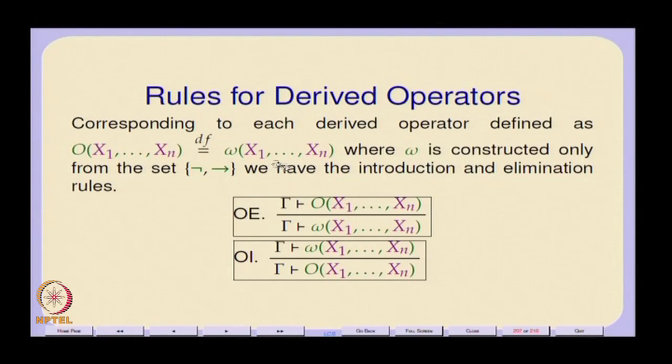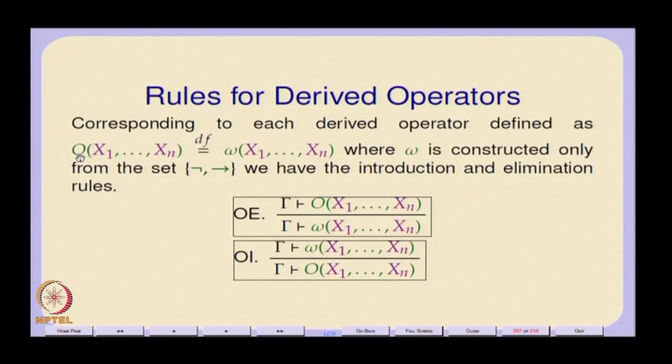So, these operators are defined as essentially skeletal structures with placeholders with names on them, which identify two places with the same name and distinguish two places with different names, but do not prohibit two different placeholders from having the same object or copy of the same object on them. Yeah. So, if I have an operator O defined in terms of some skeleton omega of my basic and derived operators, just like I can use my derived rules, now I can also use my derived operator.